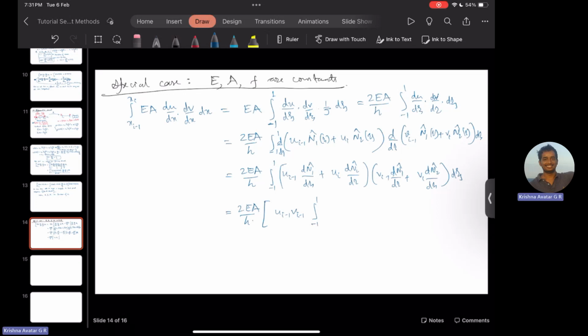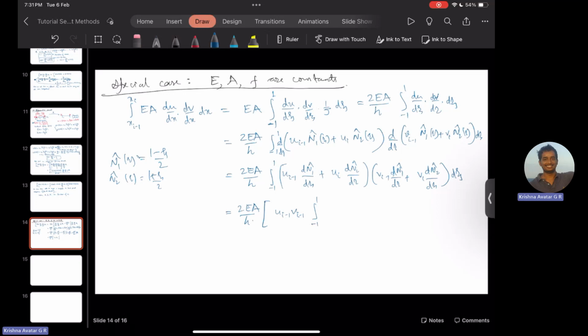This is nothing but, I'll just write the values here. N1 hat of z is (1 minus z) by 2. N2 hat of z is (1 plus z) by 2. Right, isn't it?